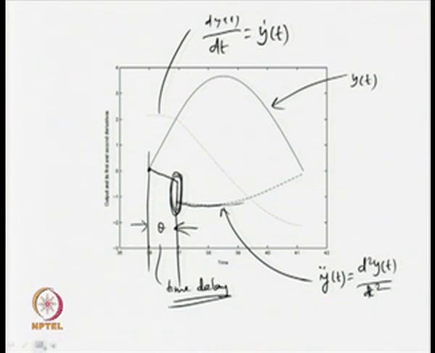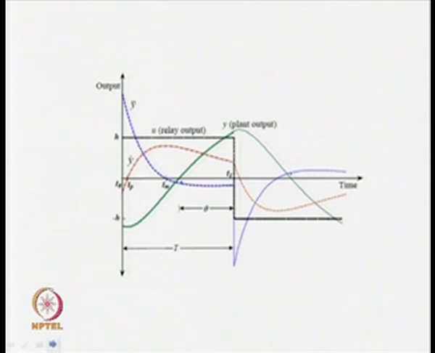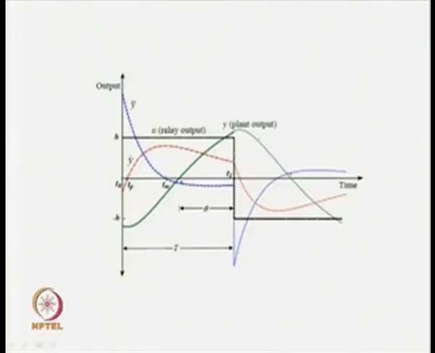Now, this can be further illustrated by another figure, which has been obtained using simulation for another transfer function model. The plant output signal is given by the green plot, and the first order derivative of the output signal is given by the red one.